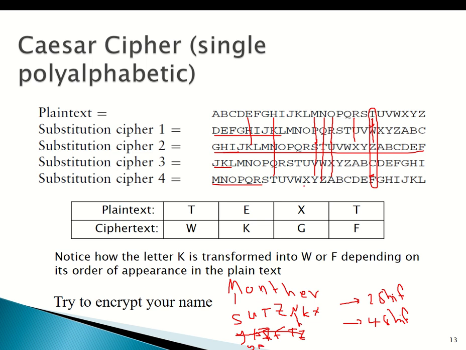Okay, the N here is going to be Z, the T will be F, and the H will be T again, and the E will be Q, and the R will be D. So you can see different ciphers, it depends on the number of shifts.